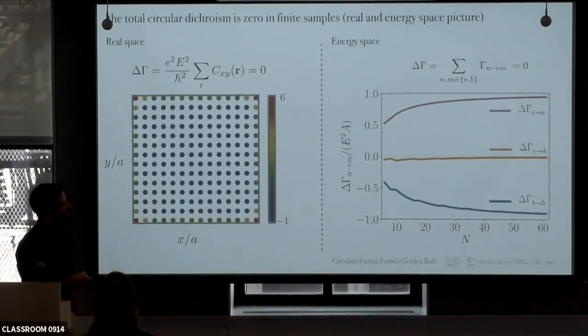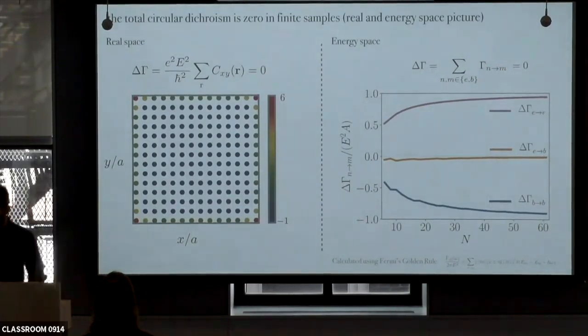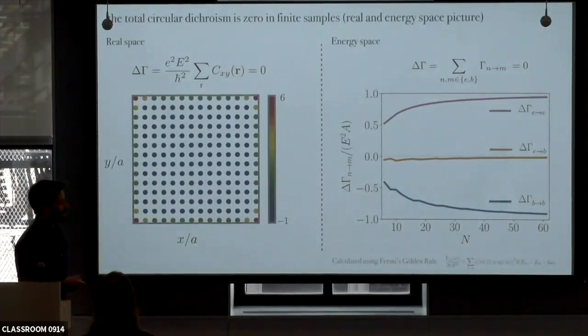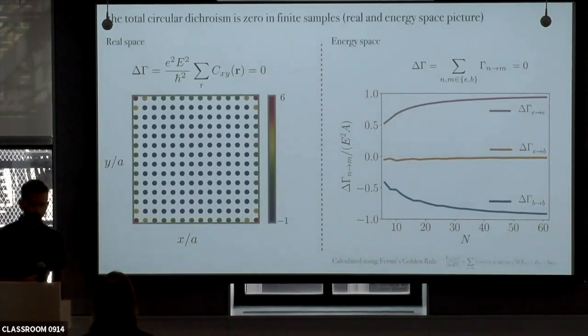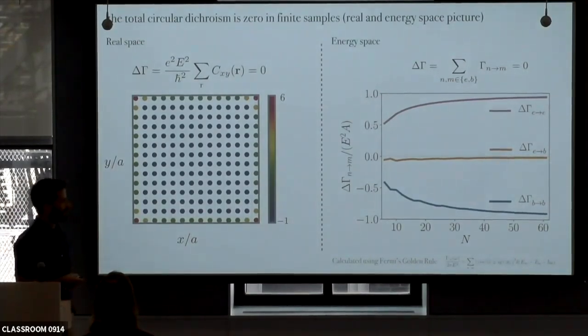So the edge to edge and the bulk to bulk exactly cancel in the large but finite system. Okay, so this is the energy resolved version of this property of this dichroism.